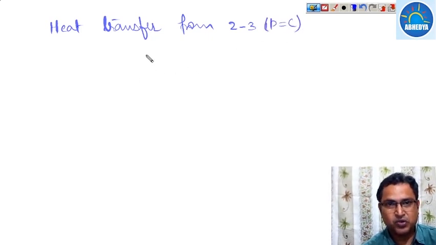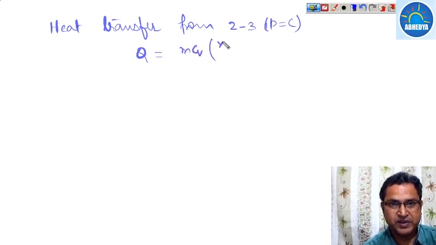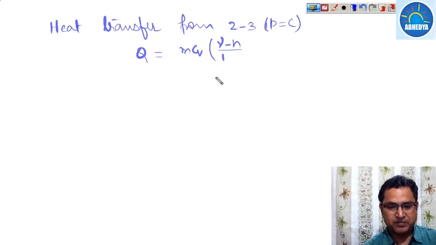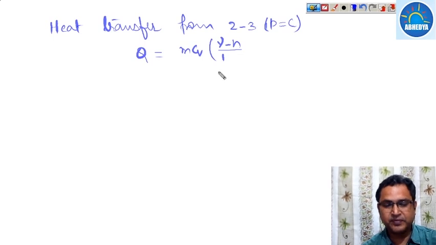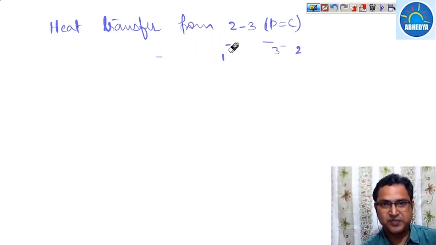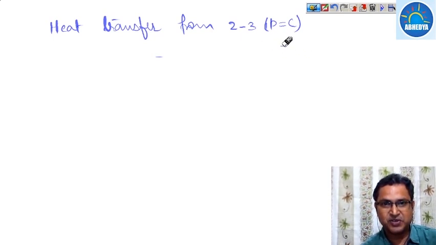So this heat transfer is nothing but mCv (gamma minus n) upon (1 minus n) into T3 minus... I'm sorry, 2 to 3 is a constant pressure process, so it is simply mCp delta T. I just got confused with the polytropic process.